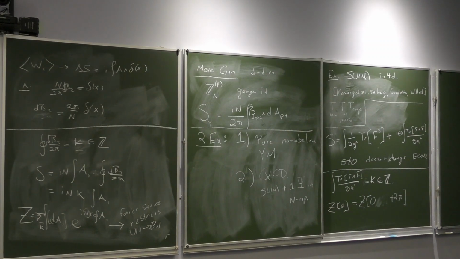So if you turn on B2, and theta goes to theta equal to pi, and now I'm going to look at the action of time reversal on the partition function. This goes to minus pi.